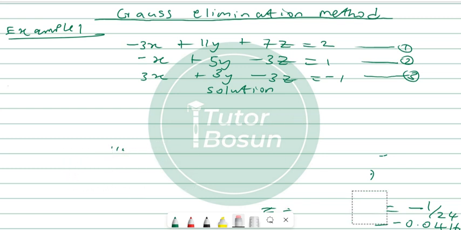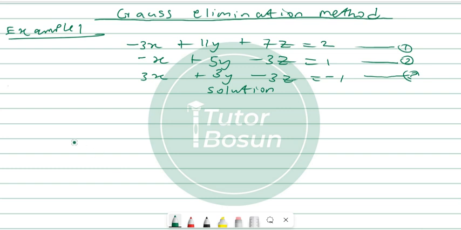So we have been able to determine z. You are just going to pick one of the equations that has two unknowns, so that you can easily solve for the remaining unknown.